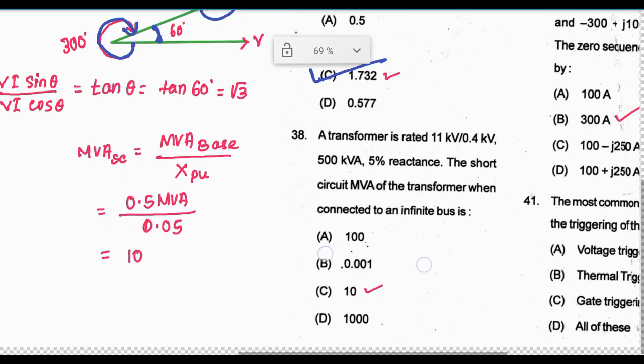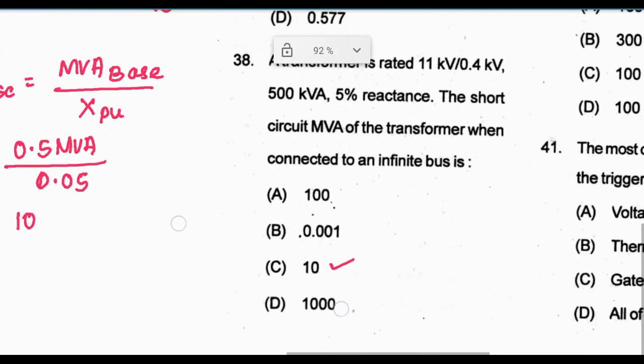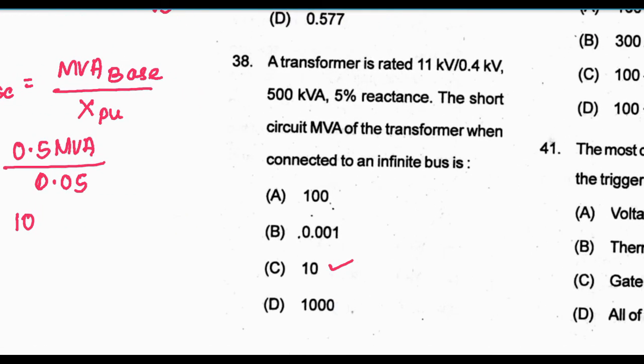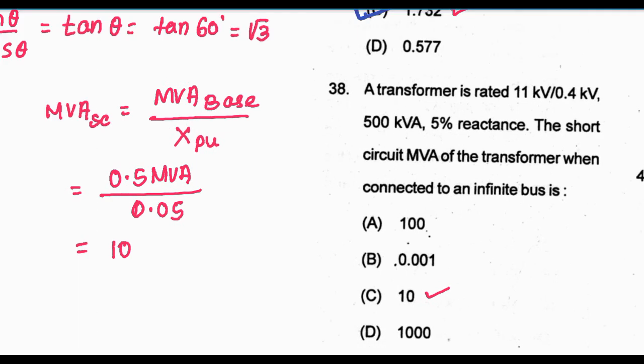Next question is question number 38. A transformer is rated 11 kV by 0.4 kV, 500 kVA, 5% reactance. The short circuit MVA of the transformer when connected to an infinite bus. When connected to an infinite bus, the short circuit MVA will be MVA base by X per unit. What is the MVA base?